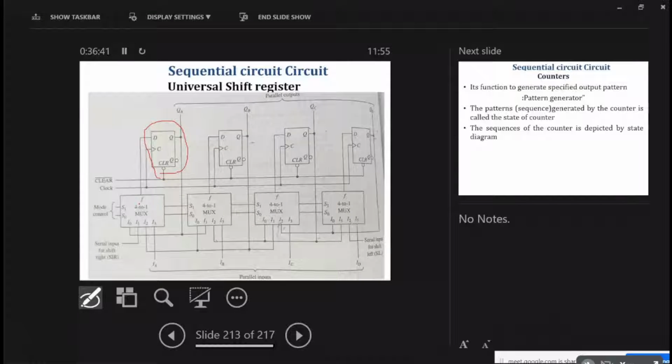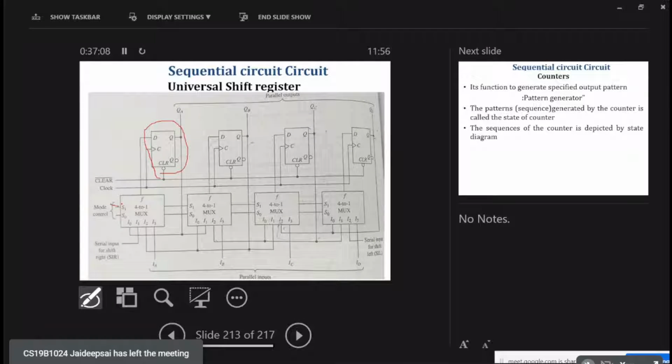Here we are interested in getting the bidirectional universal shift register. Here the 4x1 mux has S0, S1, the pins which control the modes.